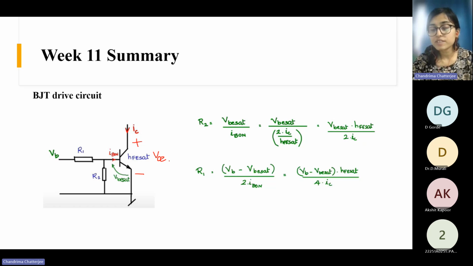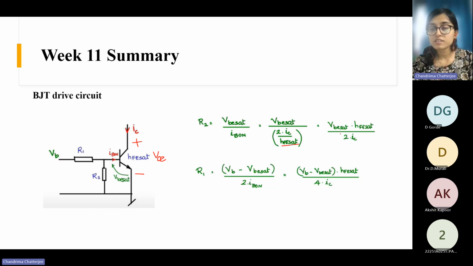When the device is on, there is some voltage drop across the BJT, which we call VCE sat. But there is no IB sat. There is hFE sat or beta sat, which is the amplification factor. There is just the load current, collector current, base current, and emitter current. That's it.